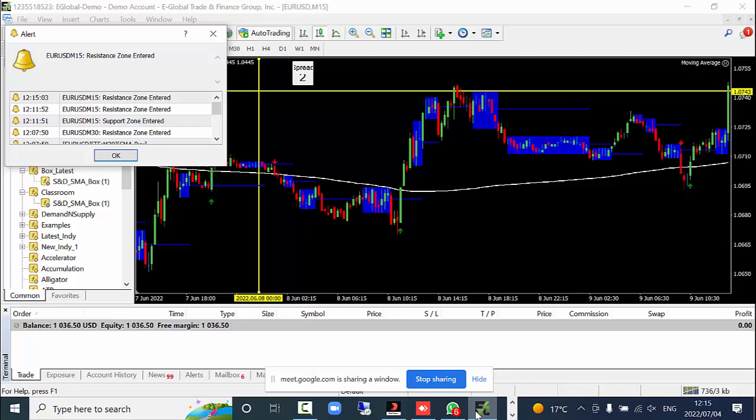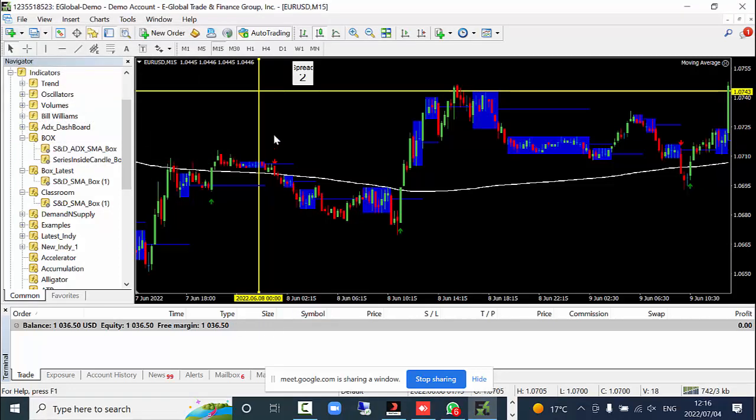You see the difference? Now, let's see the smart trader between the two of them. I'm going to close it.